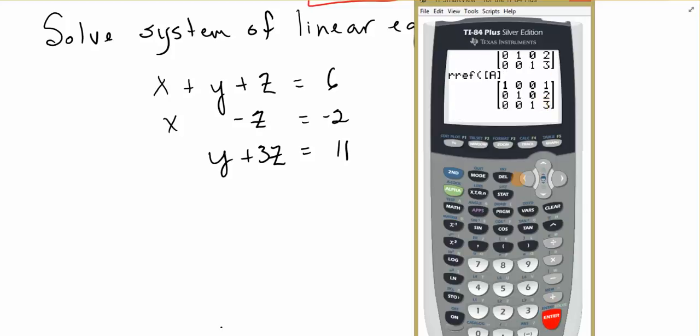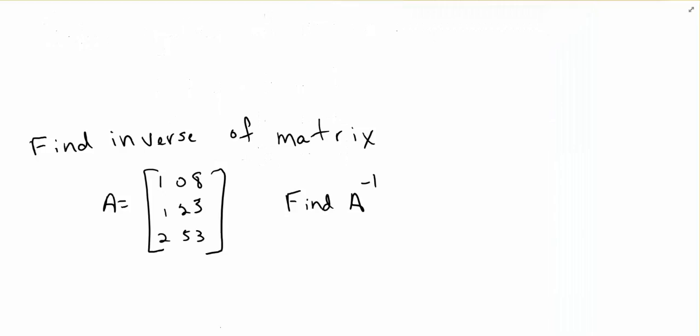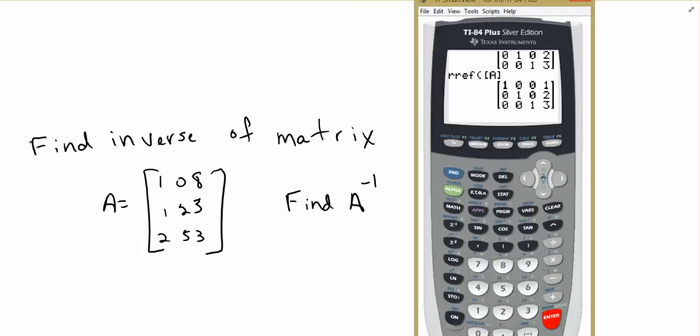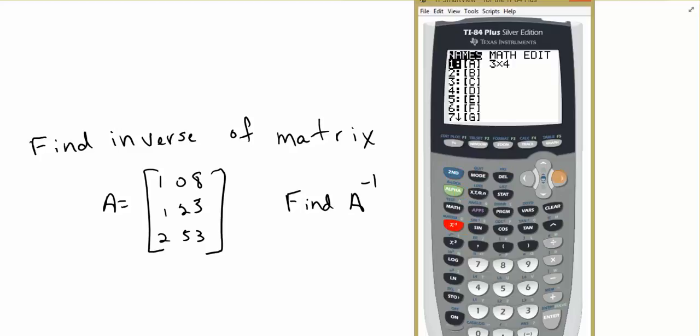Is that right? Okay. If you want to find the inverse of a matrix, we want to put it in first. So let's go put it in. Is this the last one? Yes. We skipped. All right, so let's go back to second matrix and over to edit. What size is this? 3 by 3. So 3, 3.